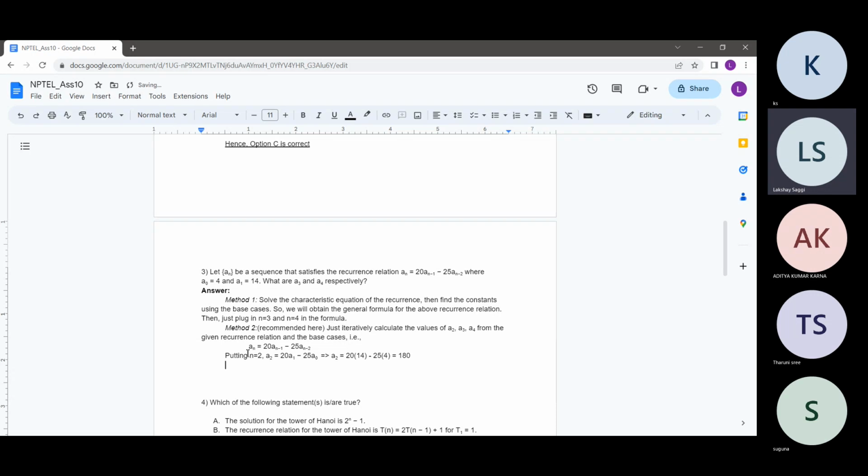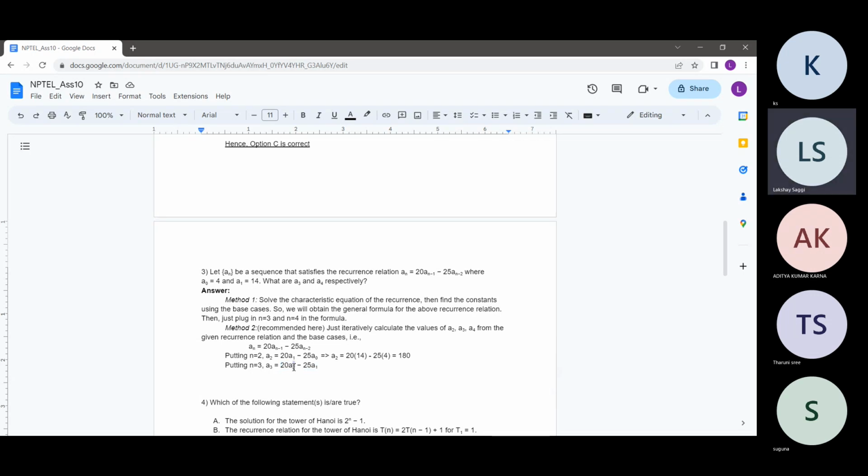Now I put in this formula n equals 3. Note that why did I calculate A2? It will become clear in a minute. When I put n equals 3, I get A3 is 20 times A2 minus 25 times A1.